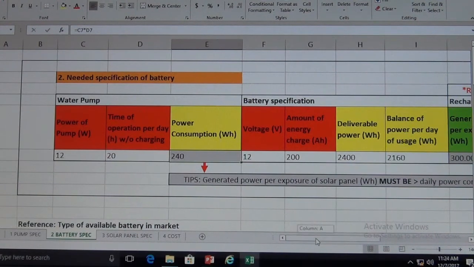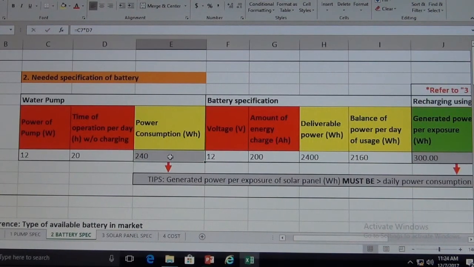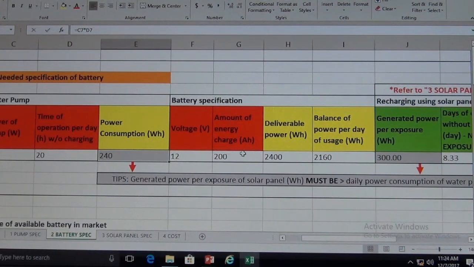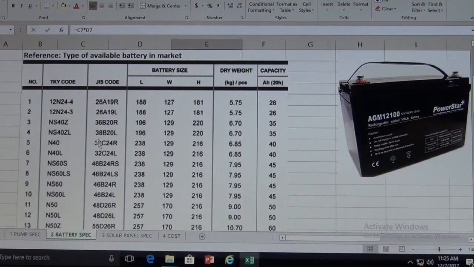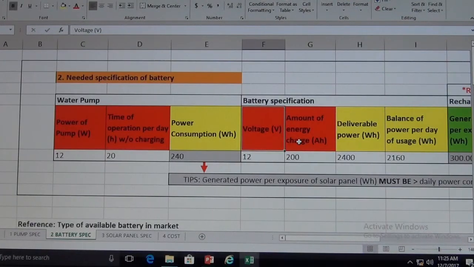So how do we make sure of that? Okay, now remember we need 240 watt hour. So we need to select our battery. From where can we select? There are many batteries in the market. These are types of battery. We just need to look at the voltage and the amount of energy charge, Ah.